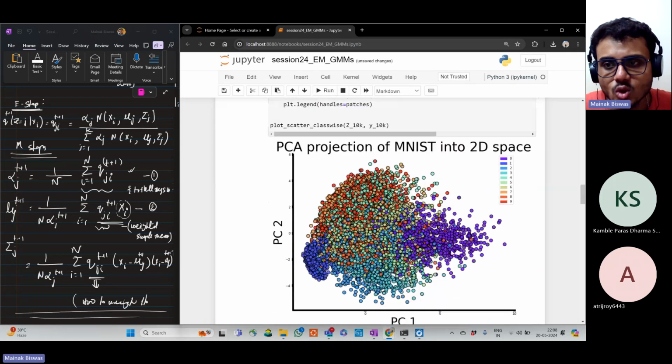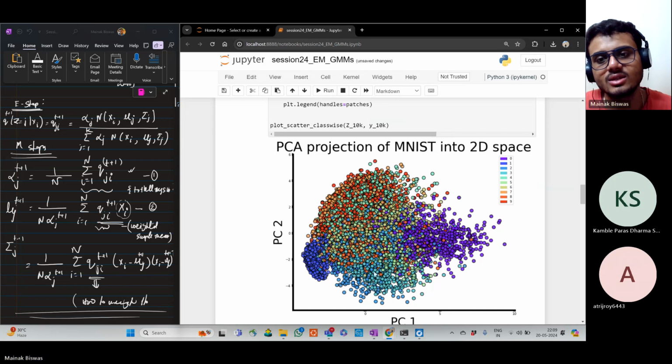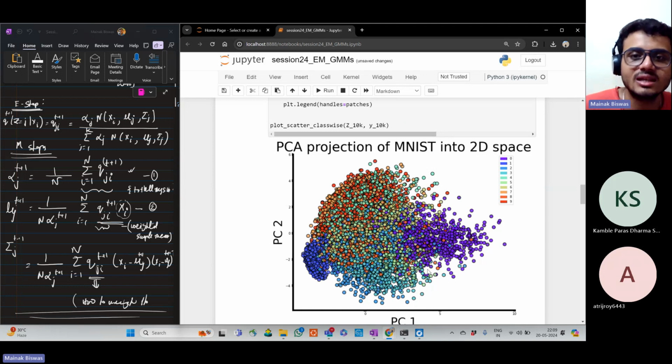Now you see so nicely the zeros are on one side, the ones are here, twos are somewhere here, the nines are here, sixes are here, sevens are here, and so on. So they're capturing the features even in the 2D space. This is what I was telling you in PCA, that they generally capture most of the variance. Can you see?